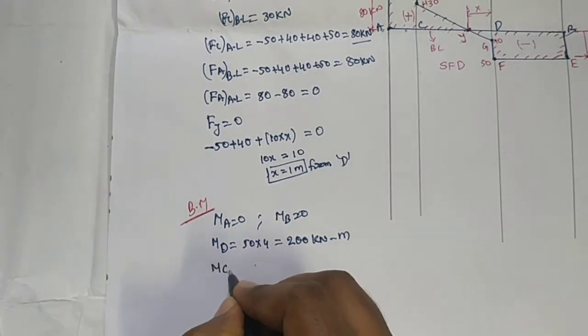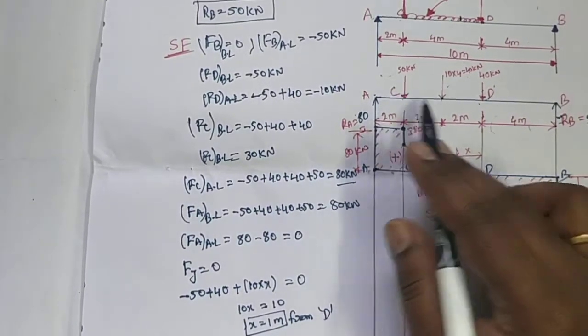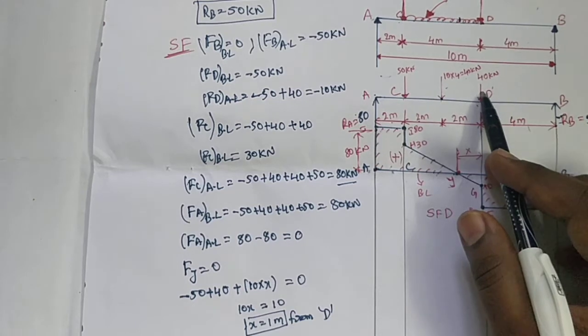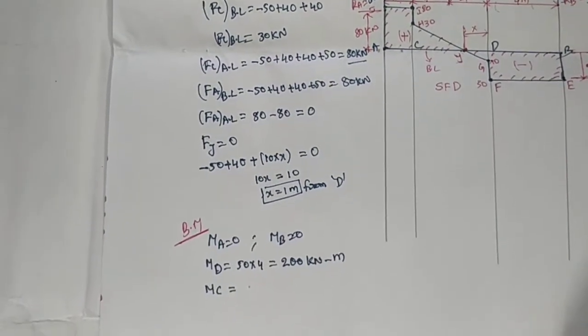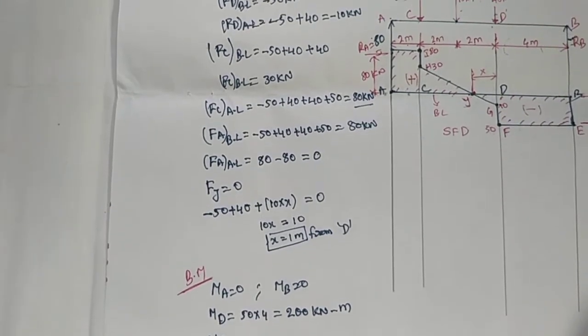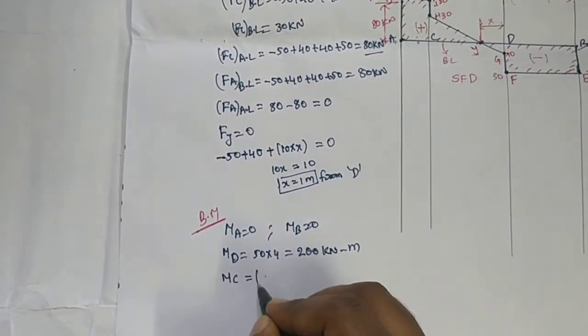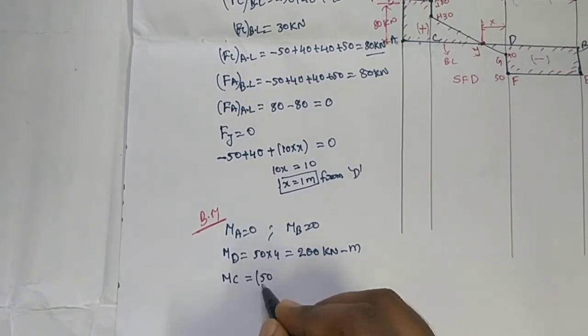Similarly, we need to calculate bending moment at point C. Right side of C having number of loads, that is one reaction force, one point load and one UDL. We need to calculate all these loads one by one. The first load is 50 kilonewtons. It is acting anti-clockwise, so that it can be written as positive value.